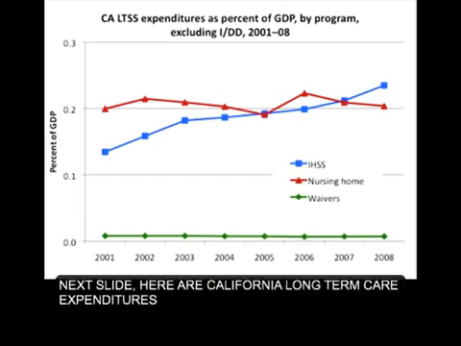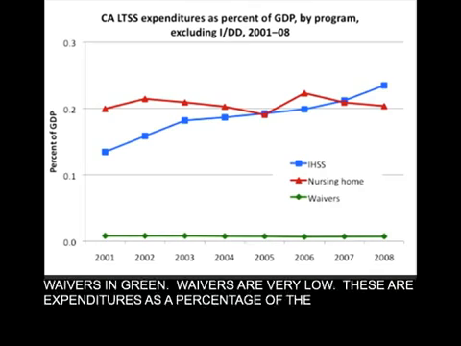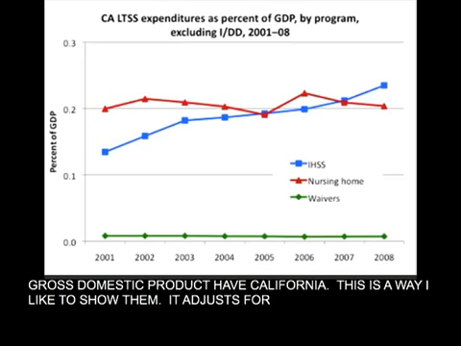So on the next slide, here are California long-term care expenditures between 2001 and 2008, separately for IHSS in blue, nursing homes in red, waivers in green. Waivers are very low. These are expenditures as a percent of the gross domestic product of California, which is just a way I like to show them.